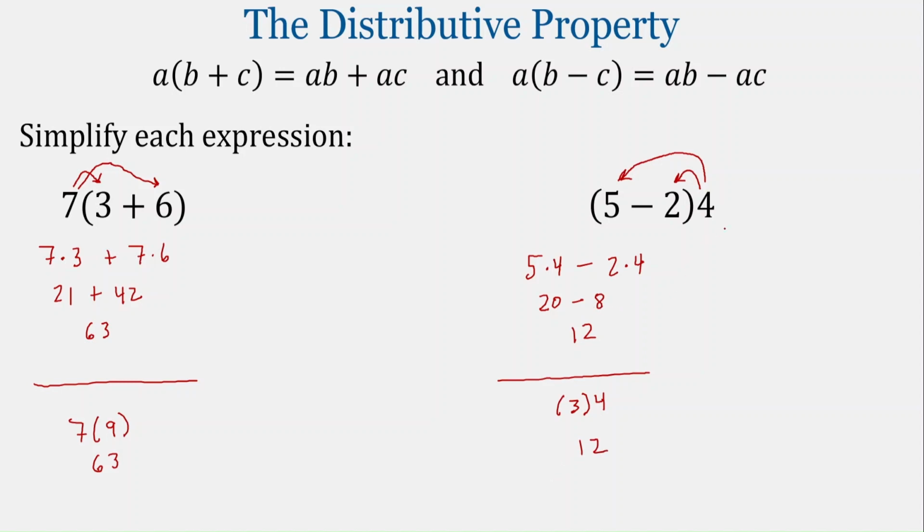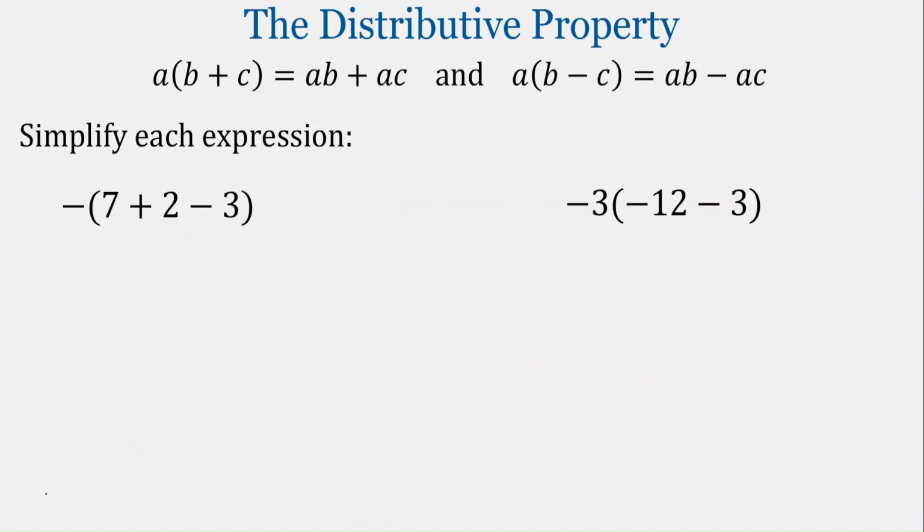For right now, practice using the distributive property, and then check your answer using order of operations. Now let's look at multiplying with a negative. And in this first case, we have a negative times the quantity of 7 plus 2 minus 3. So when we have a negative all by itself, it actually implies negative 1.